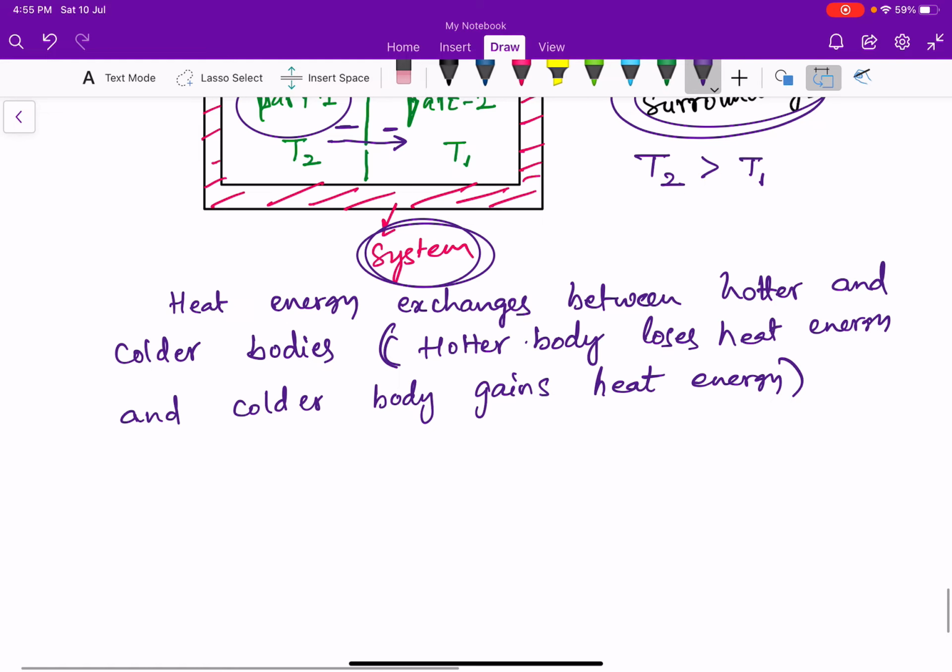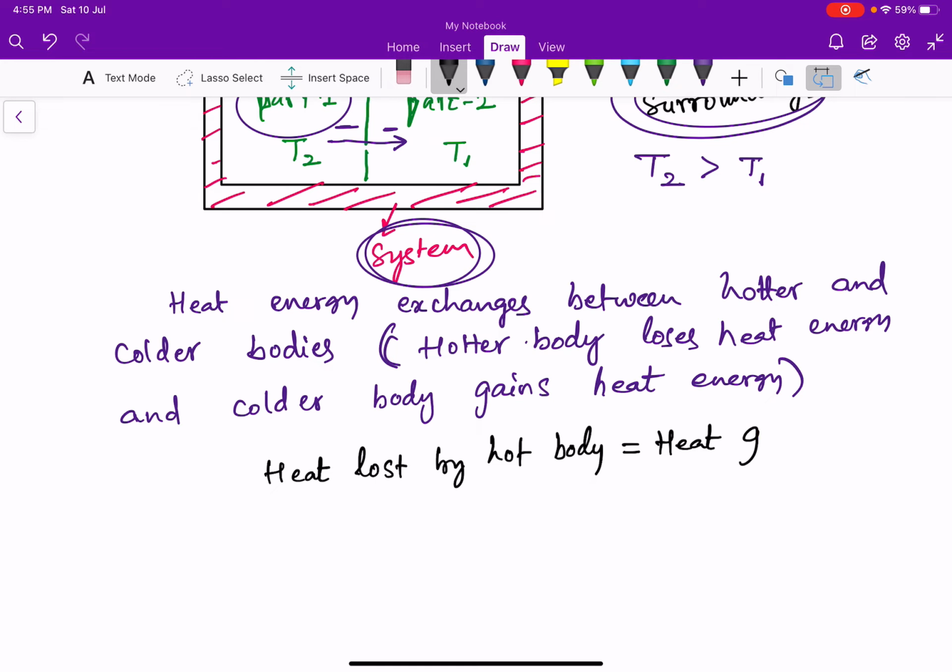So finally, I am going to conclude that heat lost by the hot body is equal to heat gained by the colder body or colder part of the system.